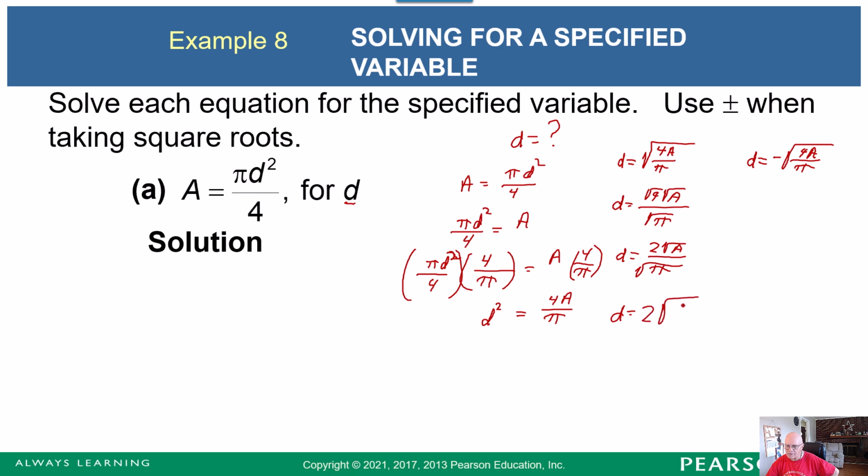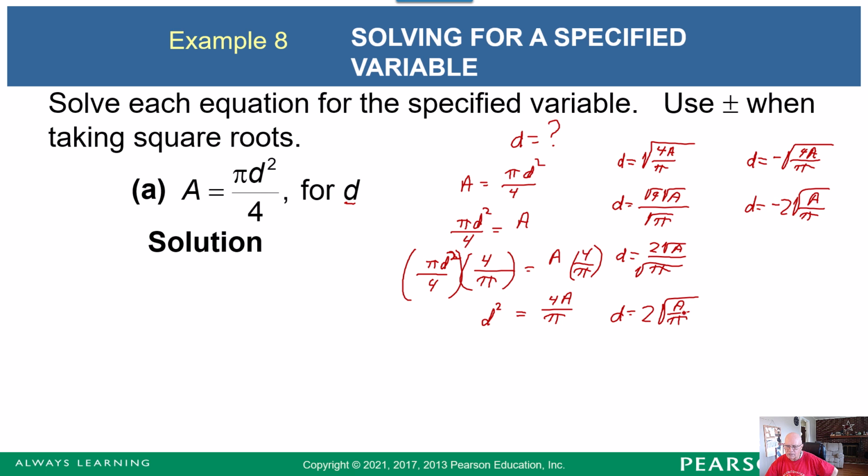We're going to multiply that by the square root of pi over the square root of pi. I'm just multiplying by 1. So what does that give me? D equals 2. Now on the top, I've still got the square root of a, and that's the square root of a times the square root of pi. So I've got the square root of a pi.